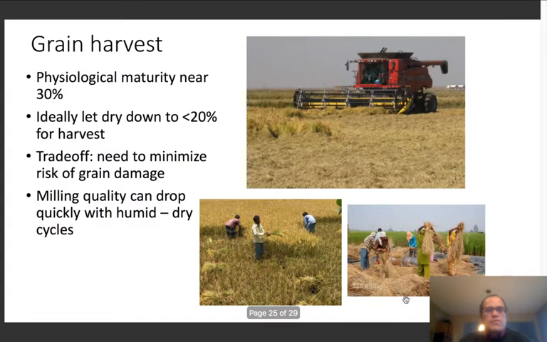There's costs associated with those. At harvest time, we run through, the plant is physiologically mature. Ideally, we try to let that crop dry down before we harvest it, mainly because a humid, moist crop has some impact in processing later, particularly in milling when it's wet.